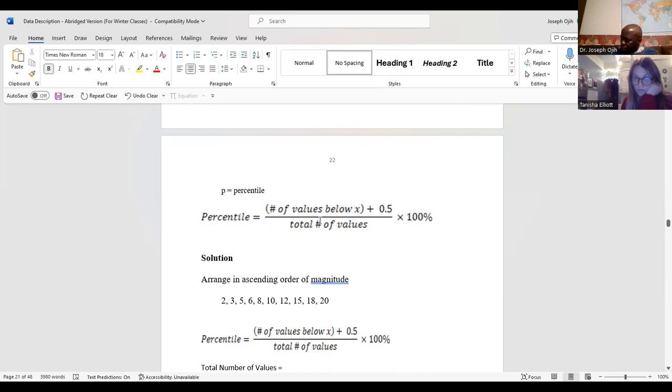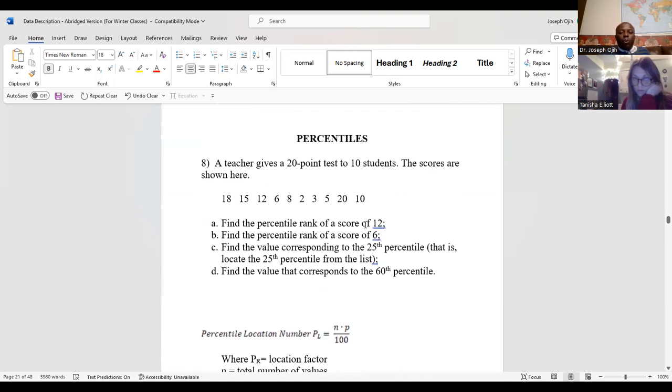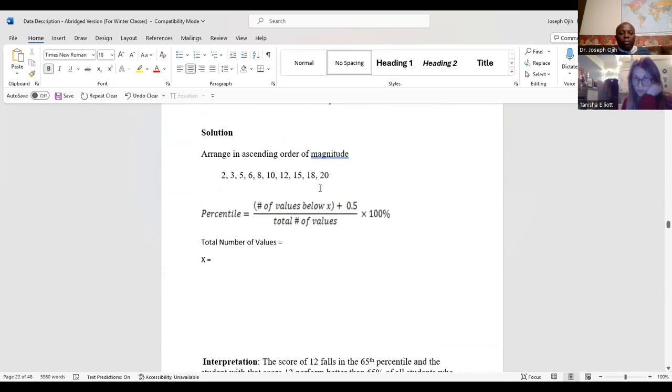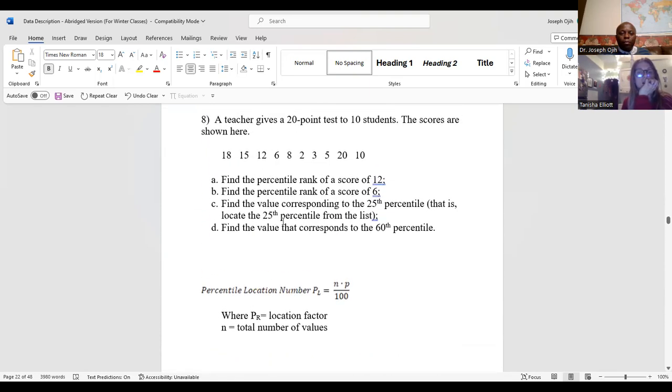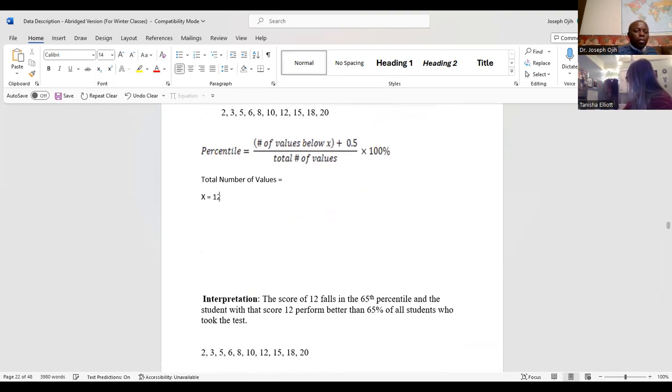So let us start with the first question, which asks for the percentile rank of the score of 12. First, arrange them. So I arrange them here. Since they're in order, the score of 12 means our X is 12. Let me make this bigger.